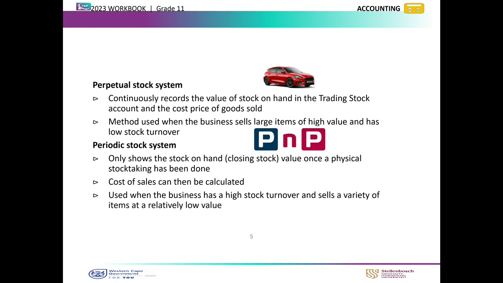Then we have the periodic stock system that only shows the stock on hand, in other words the closing stock value, once a physical stock taking has been done. The cost of sales can then be calculated. It is used when the business has a high stock turnover and sells a variety of items at a relatively low value.